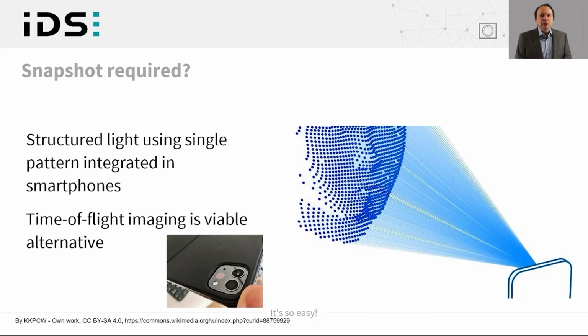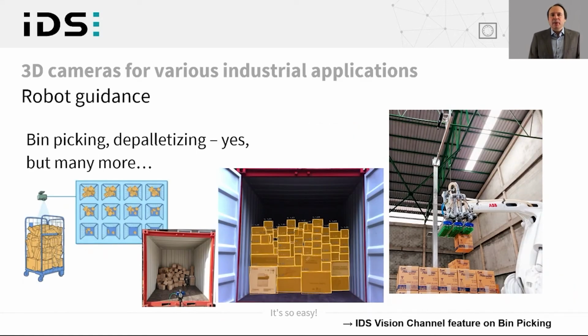Let's move back to industrial setups. I've mentioned robot guidance initially, and this, of course, is one major area for industry. However, we'll have a separate vision channel feature on bin picking, so I will leave most of this out for this presentation in this overview.